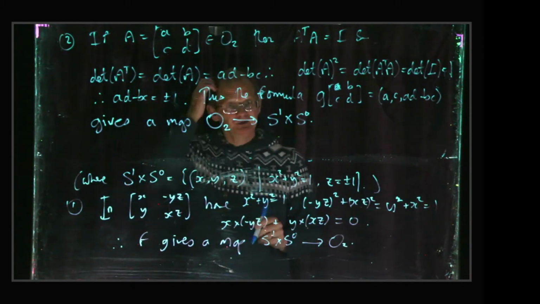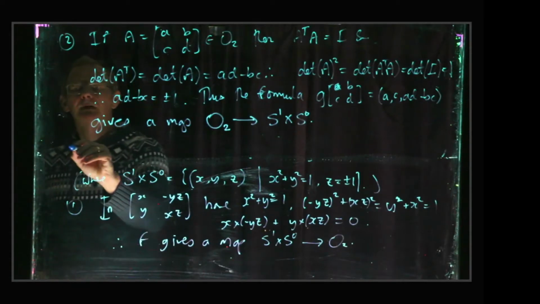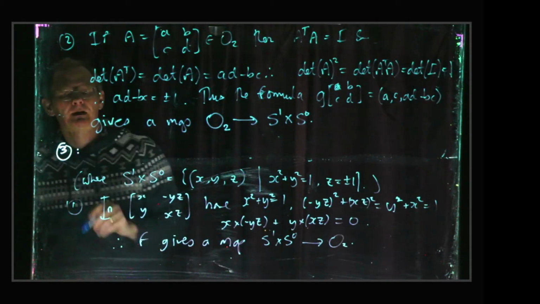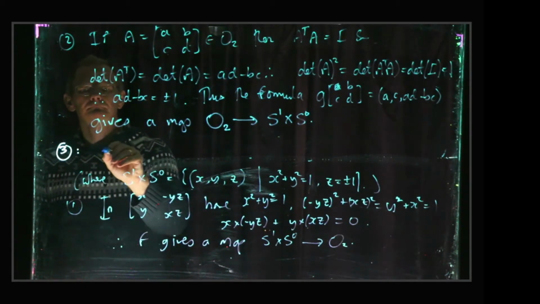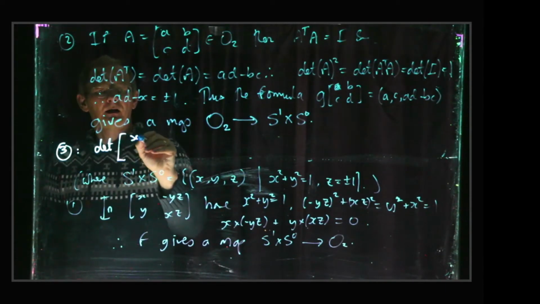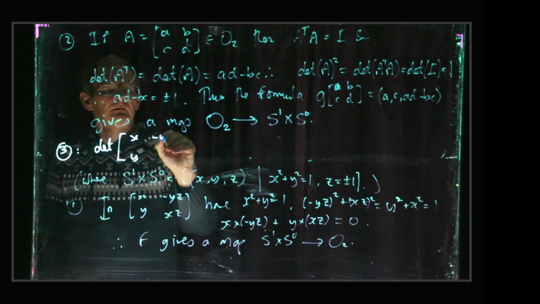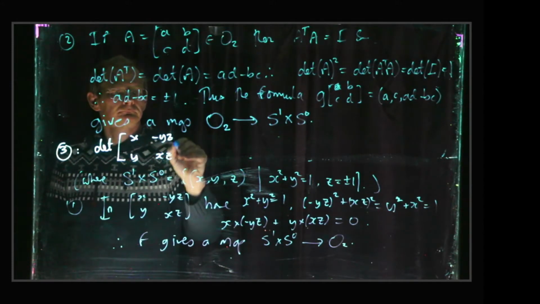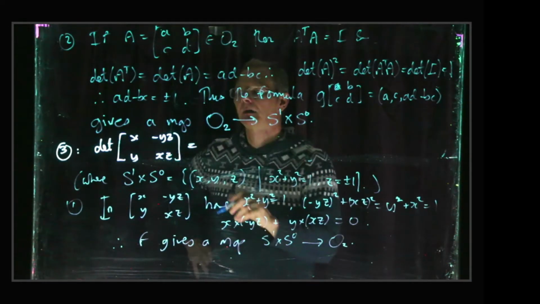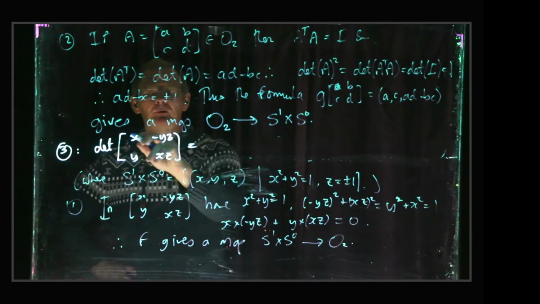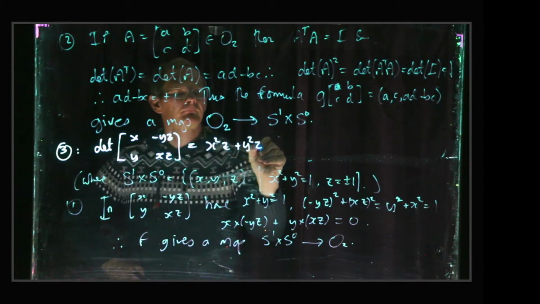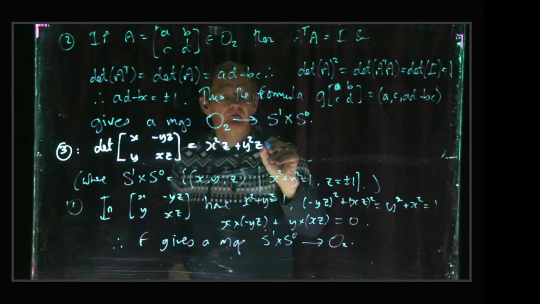So the next thing we need to check is that the composites are right. So we take the determinant of this thing that's produced by F. Then that's going to be x squared z plus y squared z, just expanding the term in the obvious way.